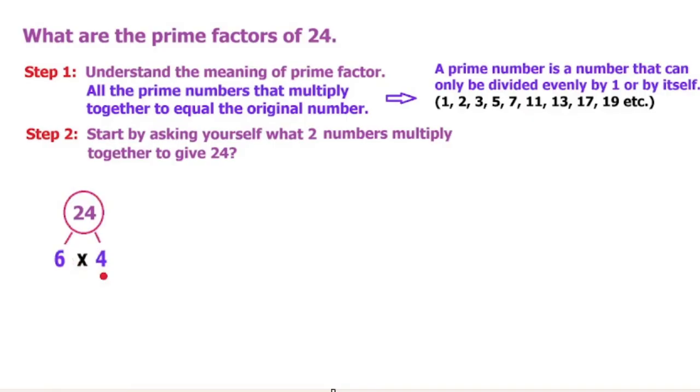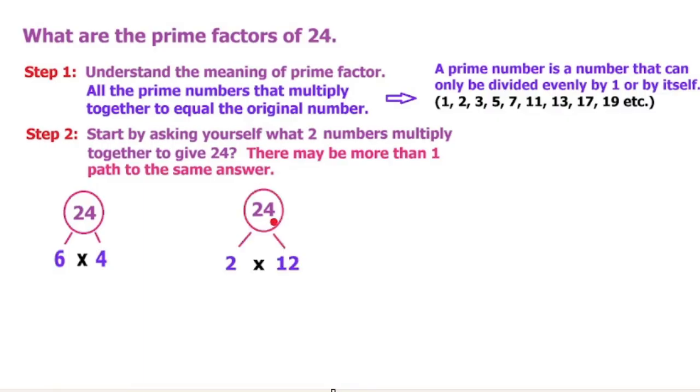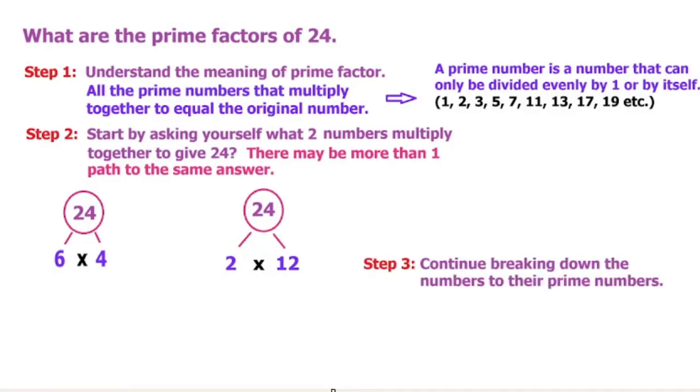But you might ask yourself, there are other ways you can multiply to get 24, right? So there may be more than one path to the same answer. So let's do a different path. Let's also, side by side, do this one where we use 2 times 12 to get 24. We'll do those side by side to see if we get the same answer.